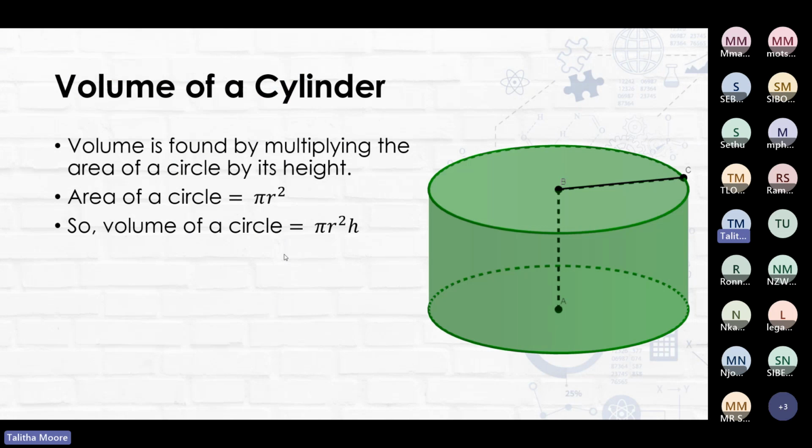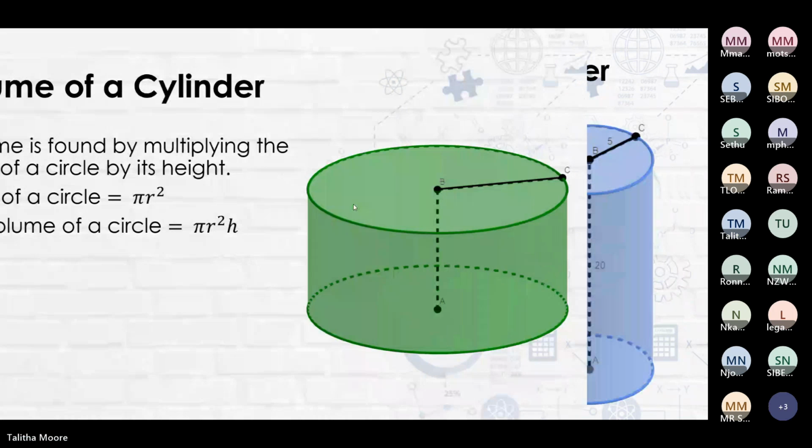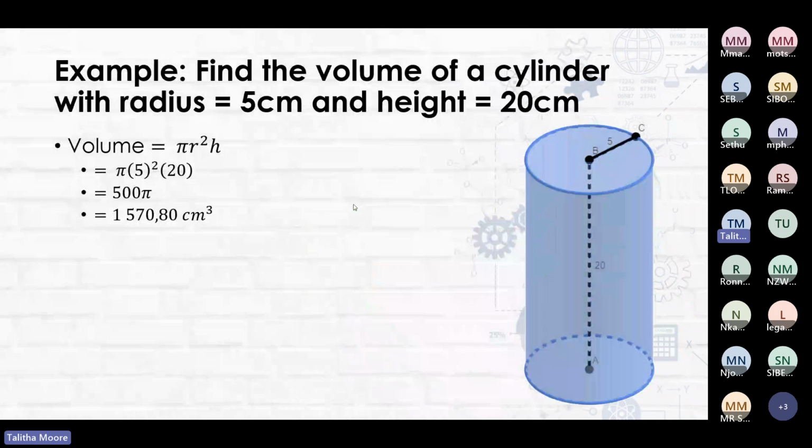Okay. If we want to calculate the volume of a cylinder, again, it's the area of the base, or the area of the circle, times the height of the cylinder. So here we have pi r squared times h. So if we find the volume of a cylinder with a radius of 5 centimeters and a height of 20 centimeters, we have volume is equal to pi r squared times h.